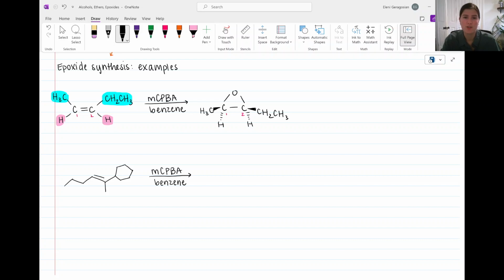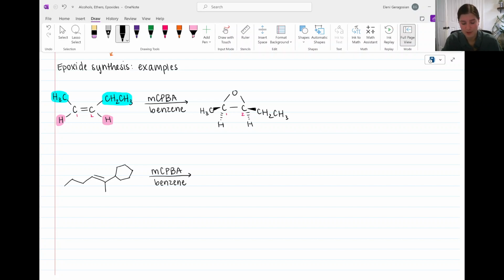Carbon 2 is bonded to a hydrogen, an ethyl, the oxygen, and that other carbon chain. 4 different groups again, so we have a stereocenter. If you don't have a stereocenter, you can still draw the wedges and dashes, or you could leave them out. It doesn't matter because it's not a stereocenter. But here we have 2 stereocenters.